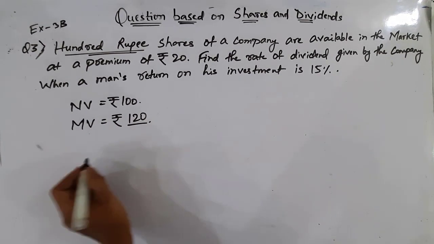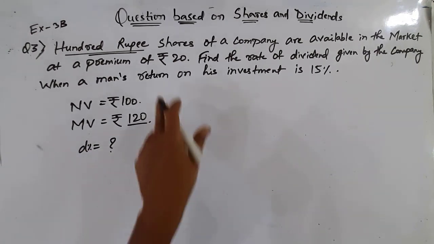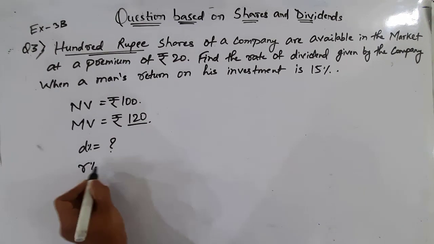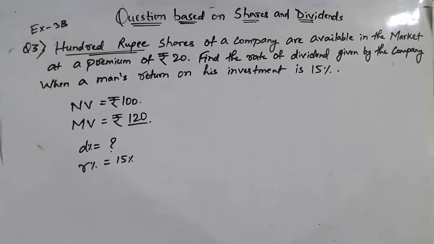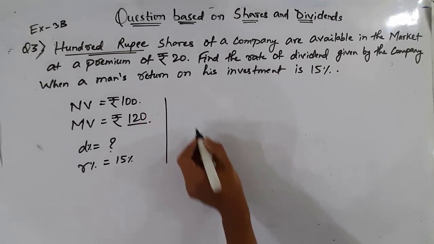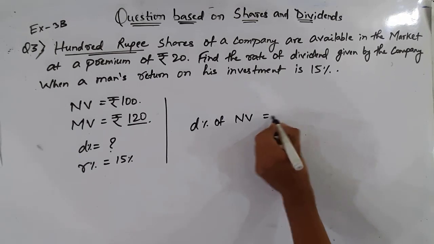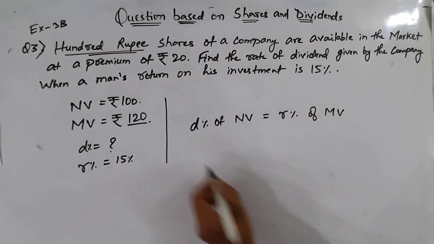And we have to find the dividend percent, whereas the return percent on his investment is mentioned. So the return percent is given, it is 15%. So we have already discussed a formula that dividend percent of nominal value equals return percent of market value. So we will find out.